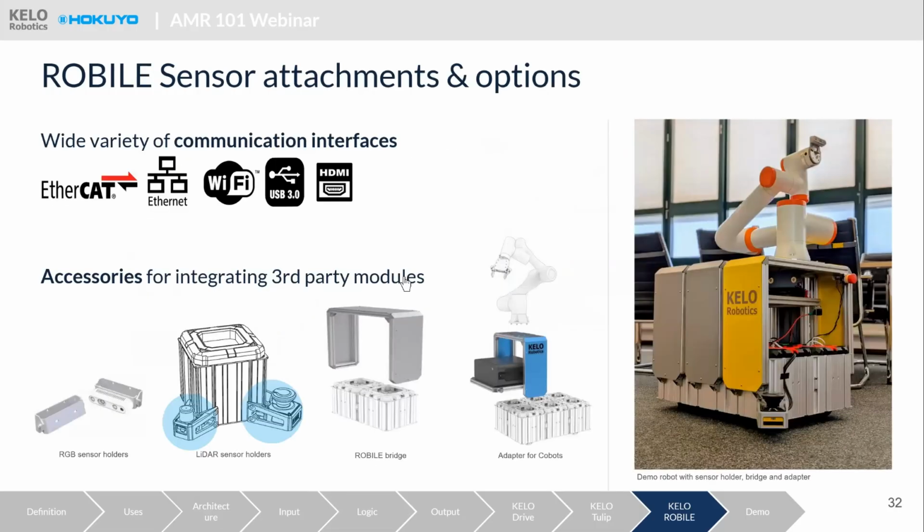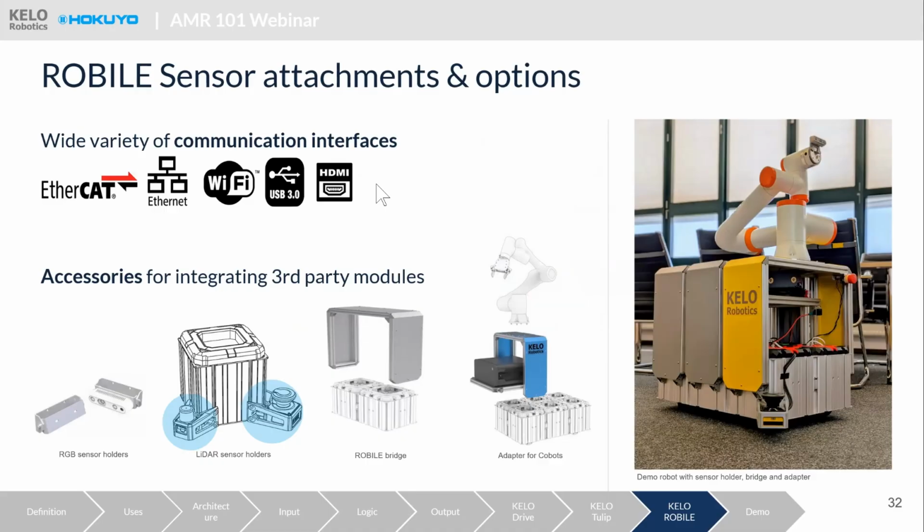Then when you make this configuration, of course, you will have the AMR with the software. But normally, as I said, that AMR is a system that you want to attach something on top of to do something in the environment. So there, the robot provides you with lots of open interfaces, mechanical interfaces.